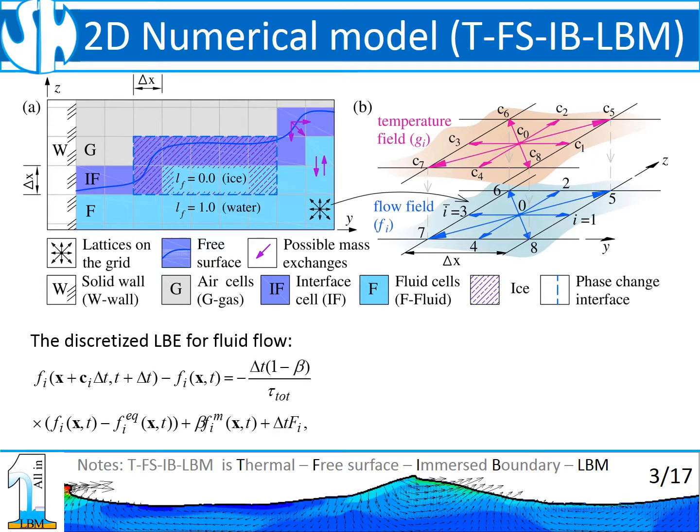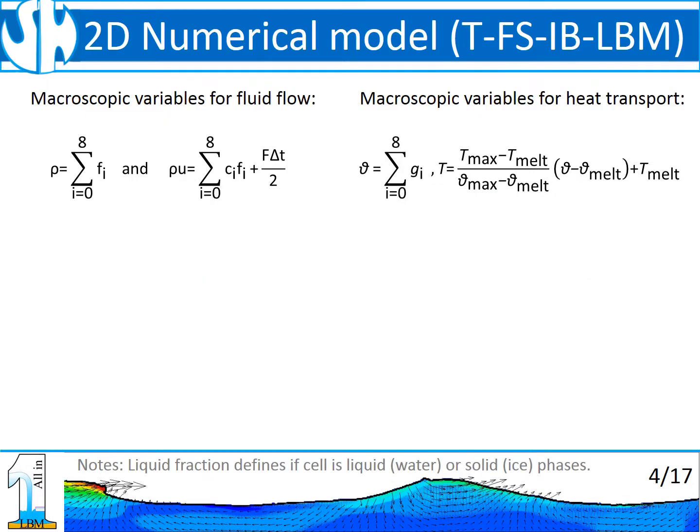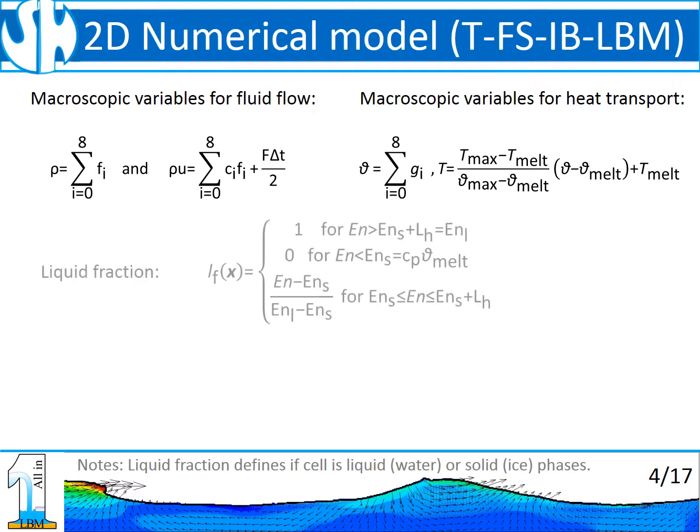To model fluid flow and heat transport, we use a double set of distribution functions and two discretized Boltzmann equations for fluid flow and temperature field. Those two equations are solved on the interface and the fluid cells only. With the distribution functions of the lattice Boltzmann equation, we can find fluid variables such as density, velocity, and temperature with those formulae.